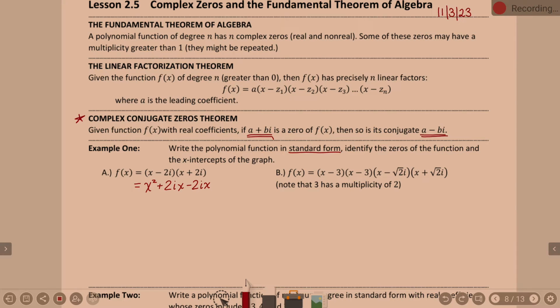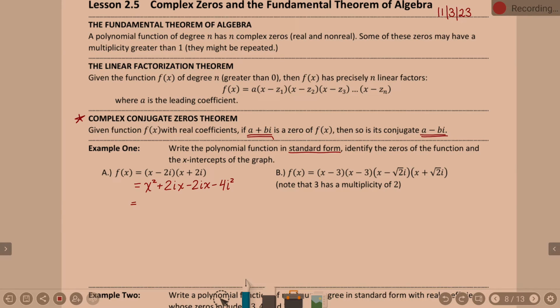Minus 2i times plus 2i is minus 4i squared, is what I'm writing for right now. Minus 2 times positive 2 is a negative 4, and i times i is i squared. Now, standard form, do we leave it like this? Absolutely not. What kind of cleanup do you see here?